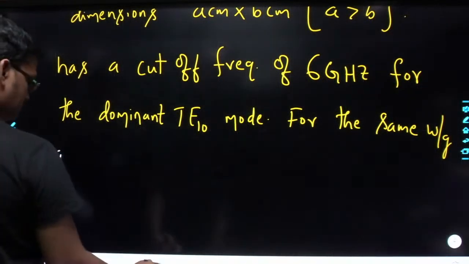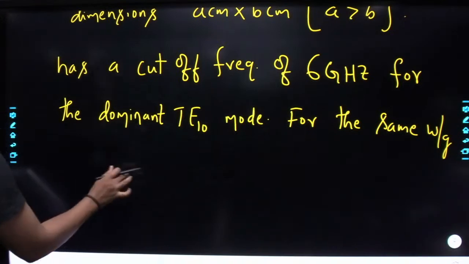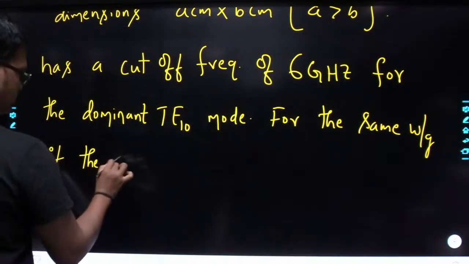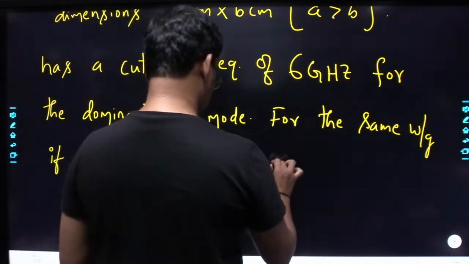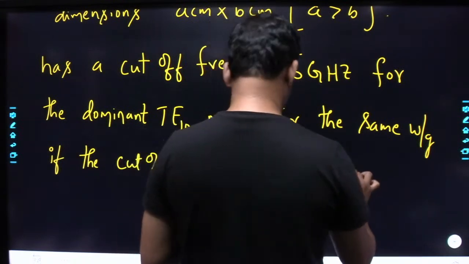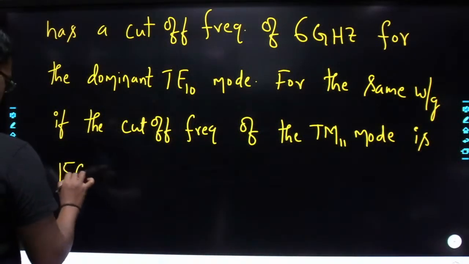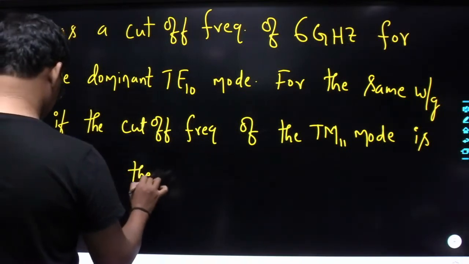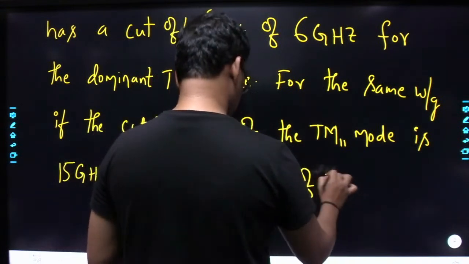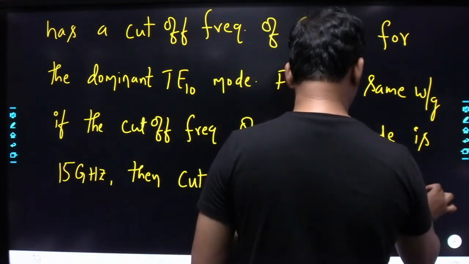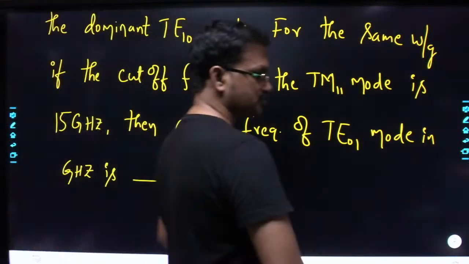For the same waveguide, if the cutoff frequency of the TM11 mode is 15 gigahertz, then the cutoff frequency of the TE01 mode in gigahertz is, okay. So this is the question they have given here.